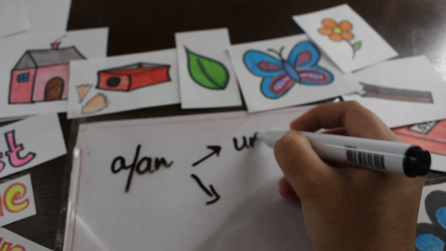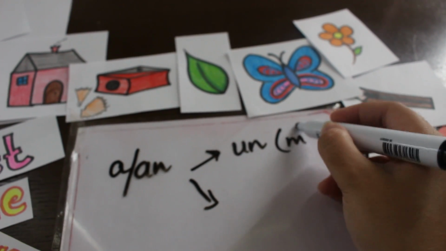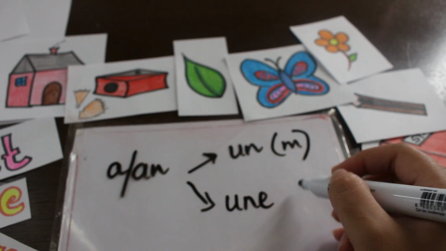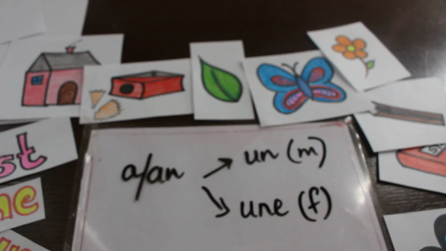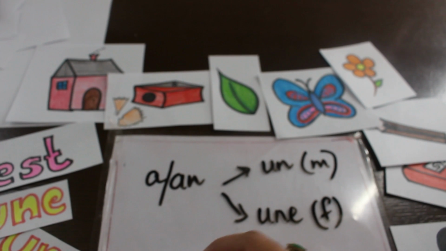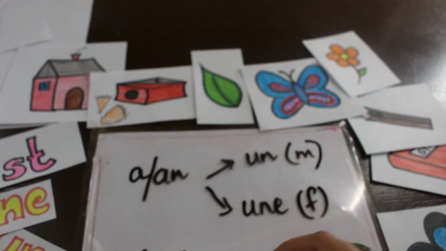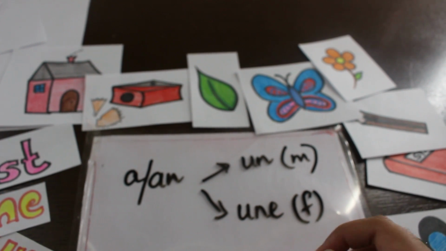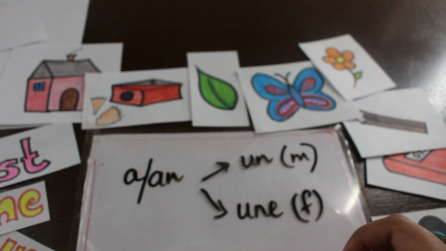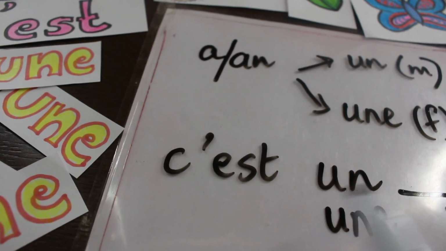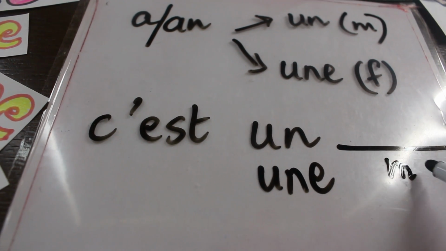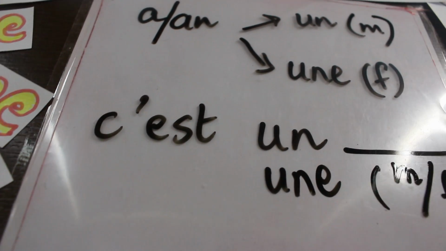One is un, which we use for nouns that are masculine, and une that we use for nouns that are feminine. So when they come together, c'est un or c'est une, which one we use depends on the noun. We will choose un or une depending whether it's masculine or feminine.